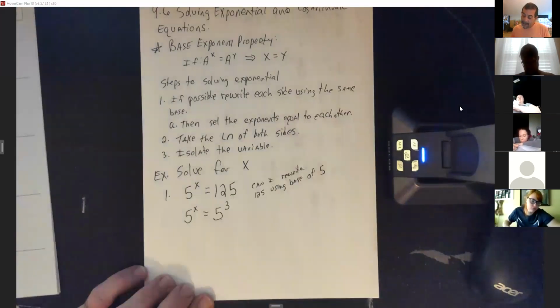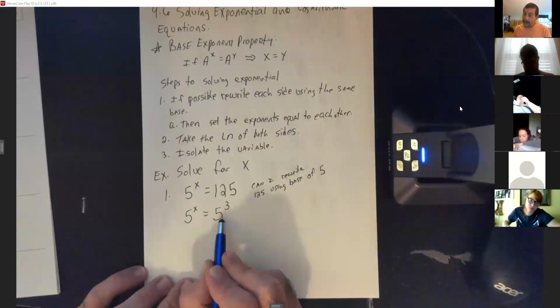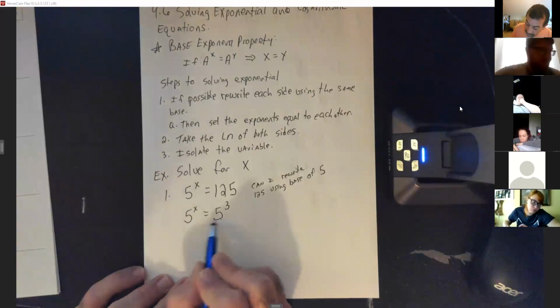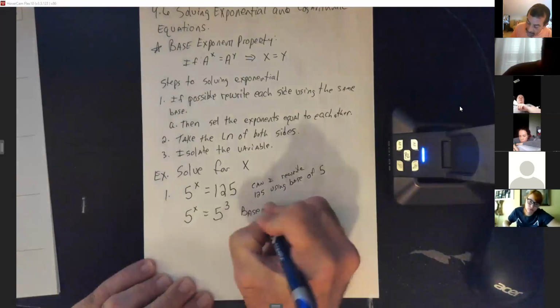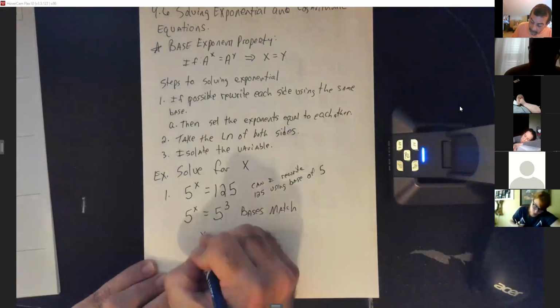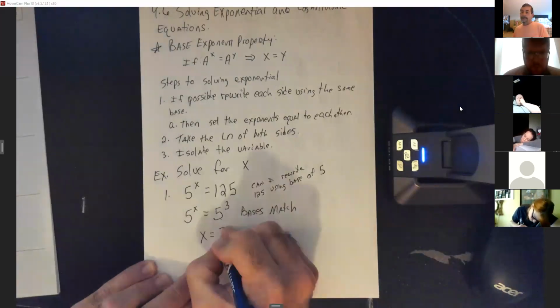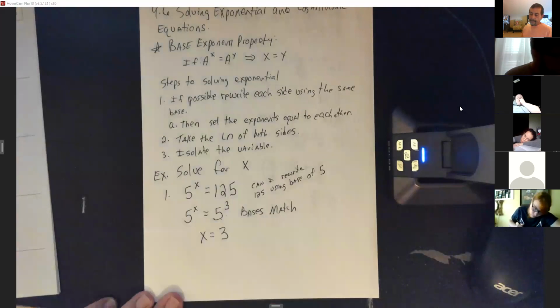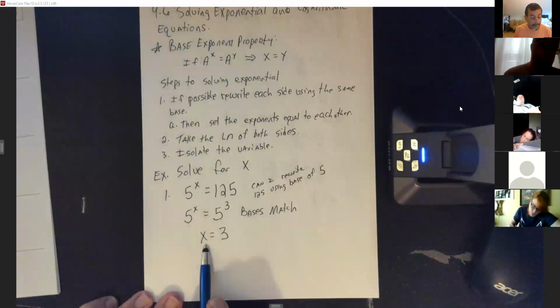Since I was able to rewrite 125 using 5, the bases match, which means my answer is x equals 3. That's our whole goal. Once we can match them up, we just set the exponents equal and move on, okay?